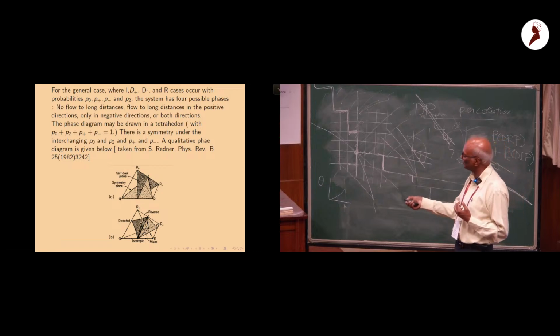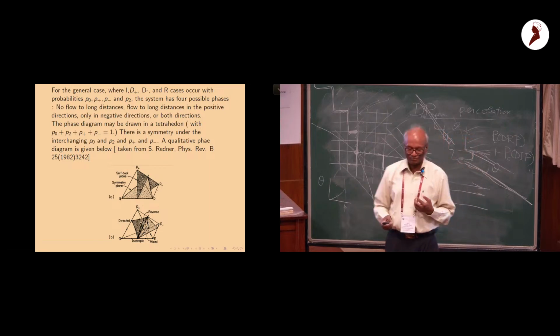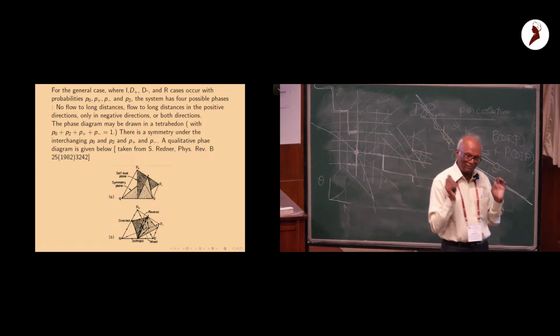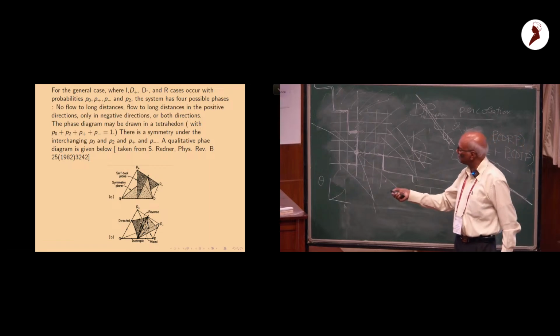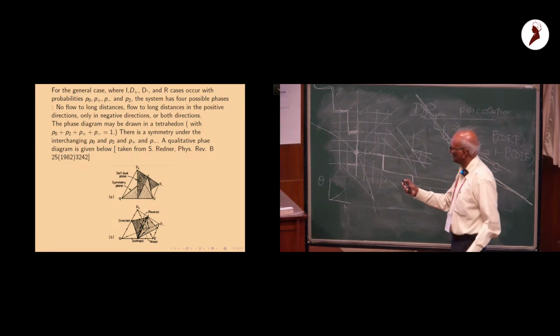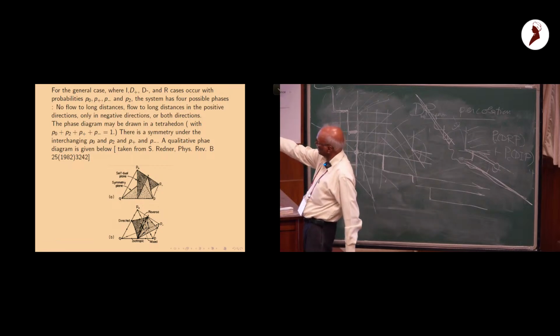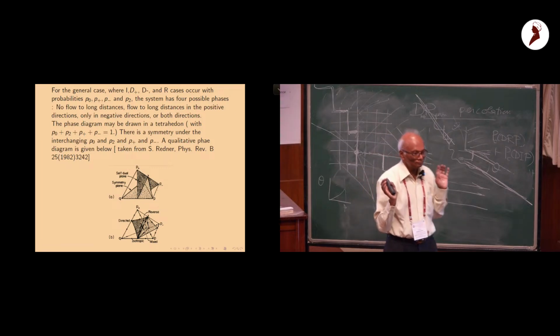Suppose Q is near this corner here, like there are too many insulators. Then, even if you put 1% of anything else, it will still not conduct. So the region around the left corner will be all insulating, no flow.